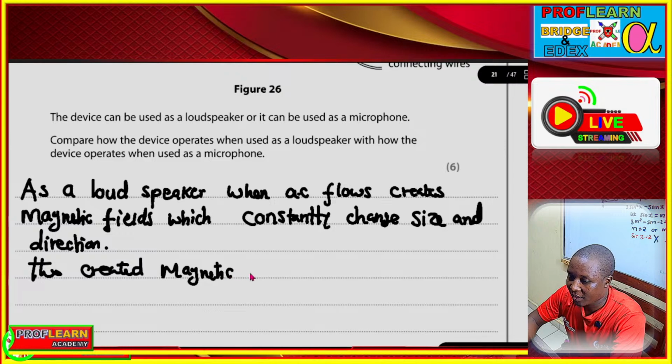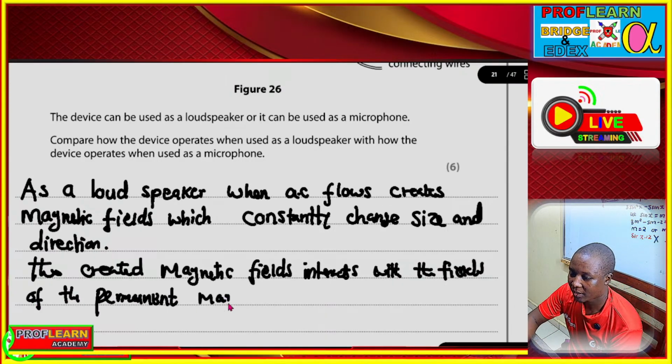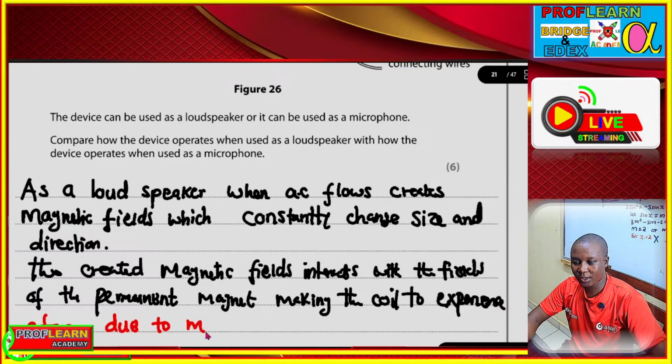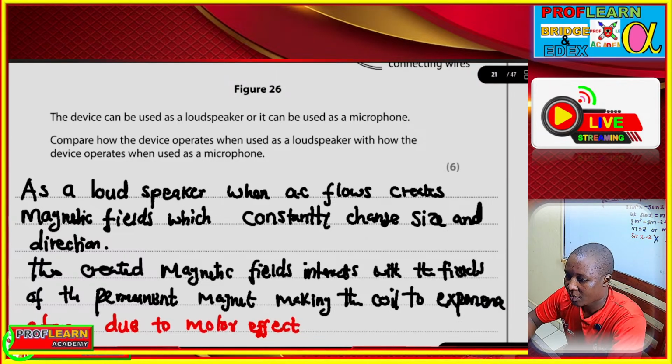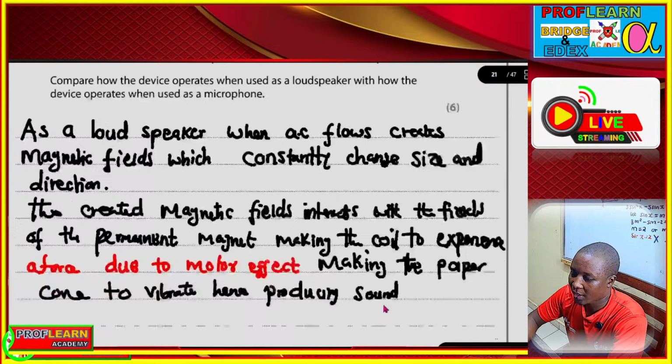The created magnetic fields interact with the fields of the permanent magnet, making the coil experience a force, and the force is varying in size and direction. So due to the motor effect, the paper cone vibrates, hence producing the sound. So that is how you are going to structure your answer when it comes to how a loudspeaker works.